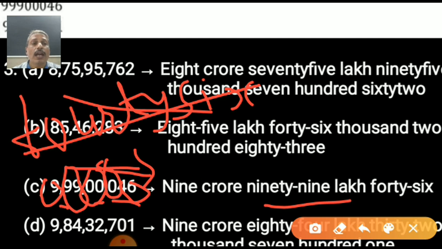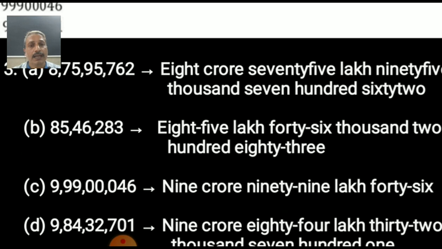What is the correct spelling? F-O-R-T-Y. Student, be careful. 46, F-O-R-T-Y-S-I-X. Will you make mistake again? No. Okay. Let's move for the last question. 9 crore 84 lakh 32,700 and 01. Don't write 01, only 1. Good.